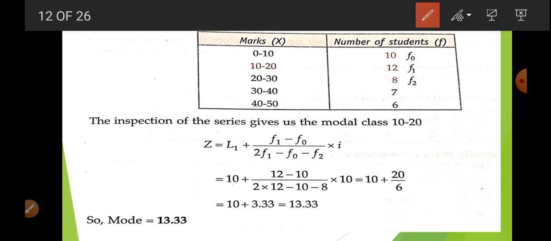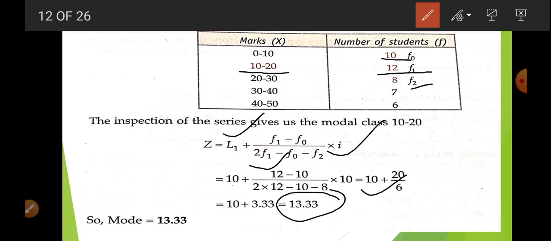So here you can see 0 to 10, 10 to 20, 20 to 30, 30 to 40, 40 to 50. The maximum frequency appears at 10 to 20, so it will be F1, above that F0, and below that F2. We put all the values in the equation, and the answer will be 13.33.